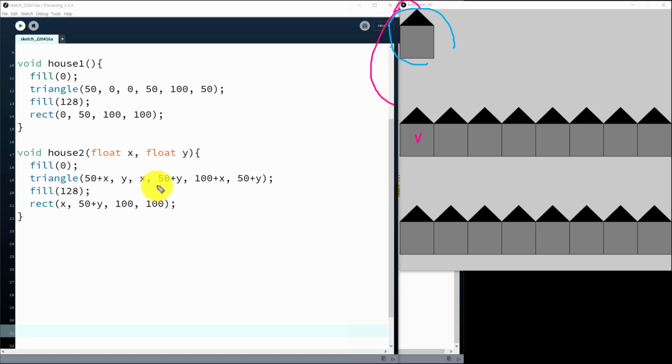If you want to draw this one, then let's move the coordinate here. Let's move the origin of the coordinate to here, and then use the same function. I'm going to use the house1 function, but after transformation. So let's go to the code.